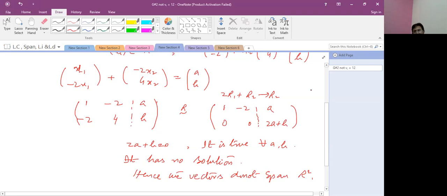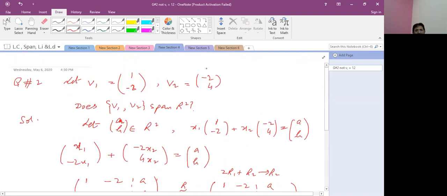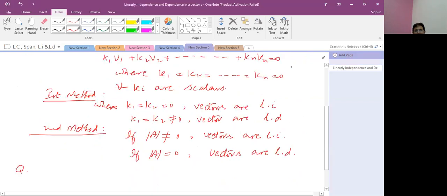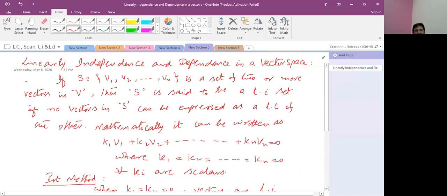So student, we continue. We have completed 2 topics, linear combination and span. After that, we will consider linear independence or dependence.